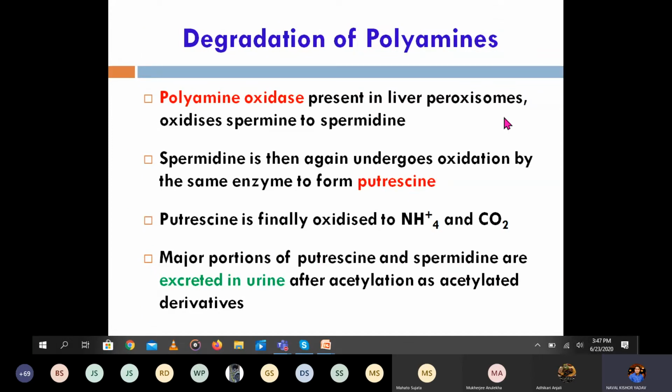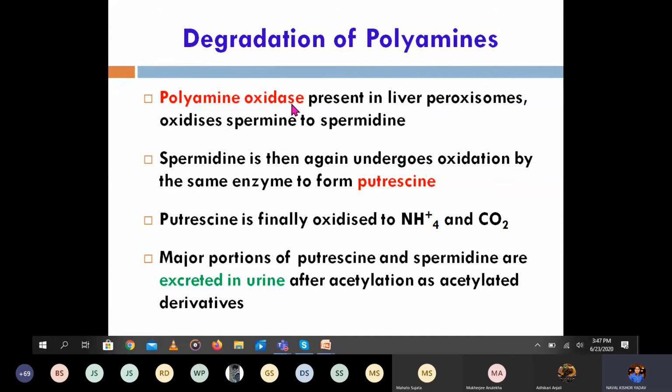So how are these polyamines broken down? What is the degradation of the polyamines? The main enzyme involved in the degradation of polyamines is the oxidase, known as polyamine oxidase.